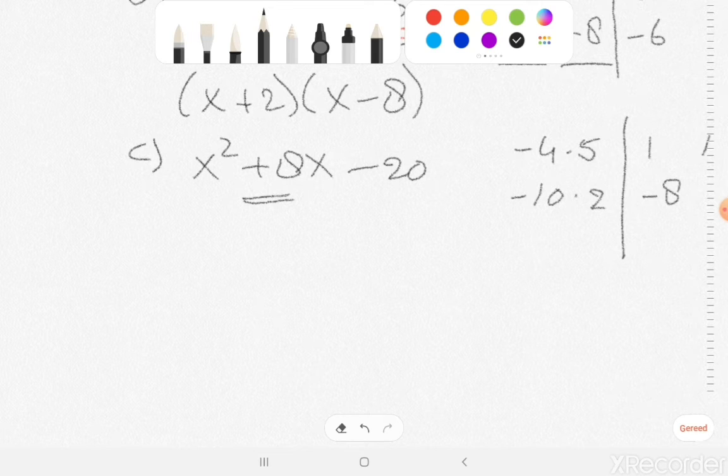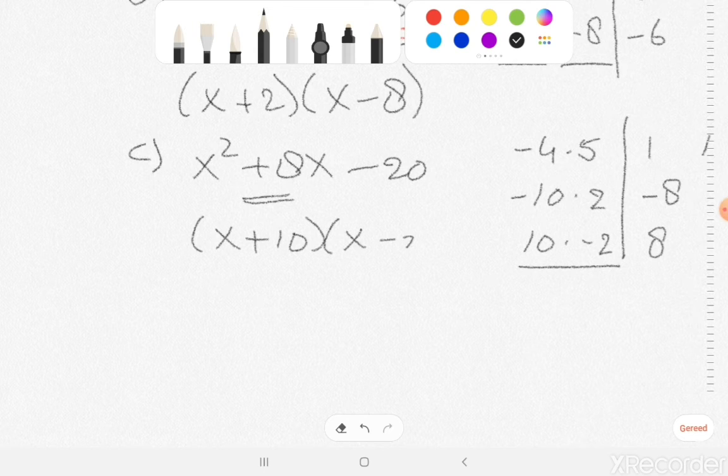So I change the negative 10 to a positive 10 and the positive 2 to a negative 2, because if I multiply those two numbers we get minus 20, and if I add them you get 8. So this is the answer, x plus 10 and x minus 2.